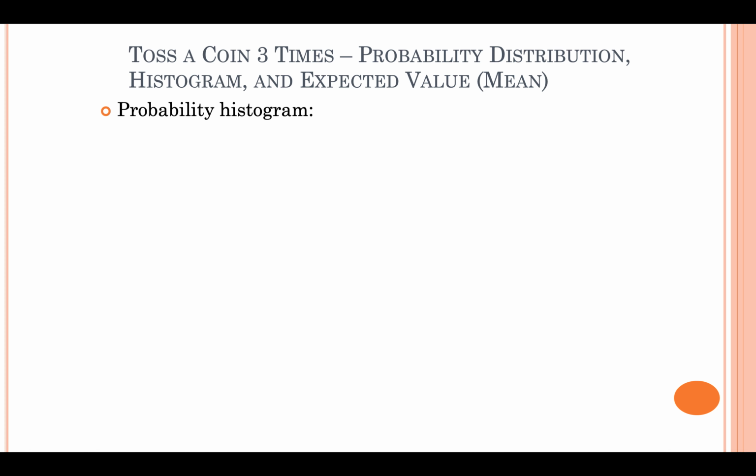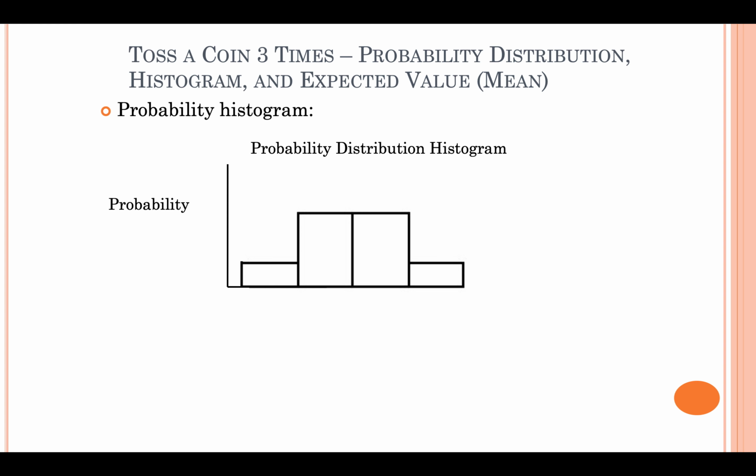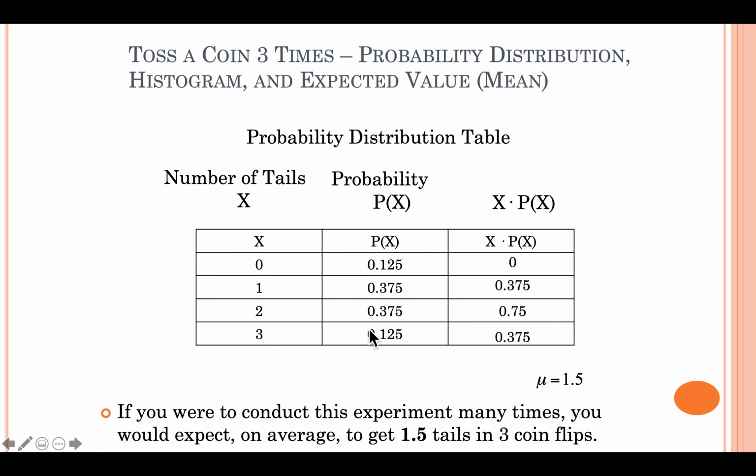Now your histogram. This part is just a graphical representation of the first two columns of your probability distribution table. On your horizontal axis, you're going to label the possible values of x, and those are 0, 1, 2, and 3. X represents the number of tails. On your vertical axis, you'll label probability. Our probabilities go from 0.125 to 0.375.